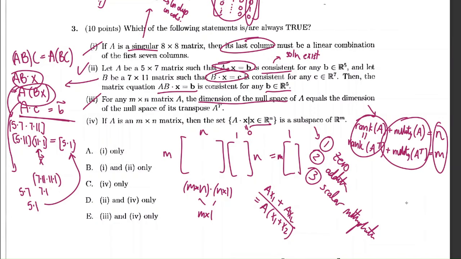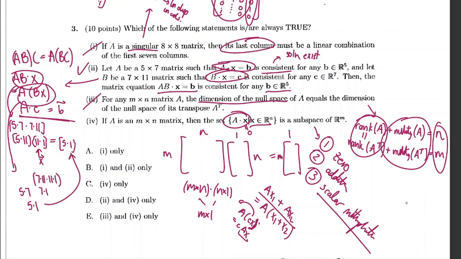The other one that we need to check is scalar multiplication, which is fine because A times cx equals c times Ax, which makes sense because you just factor out the scalar, and so that is satisfied as well.